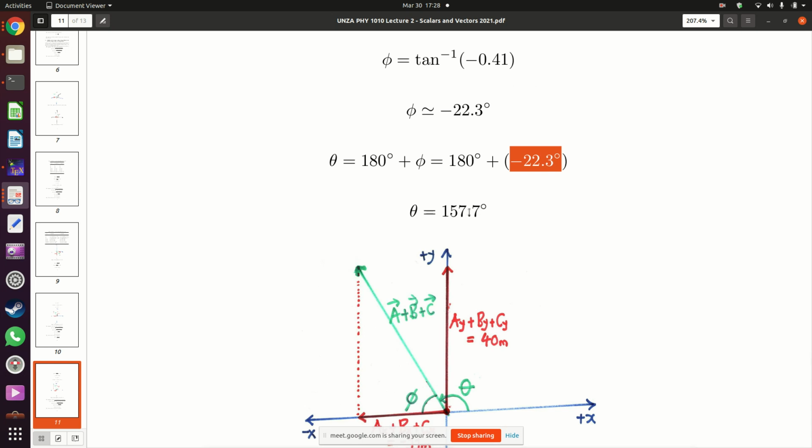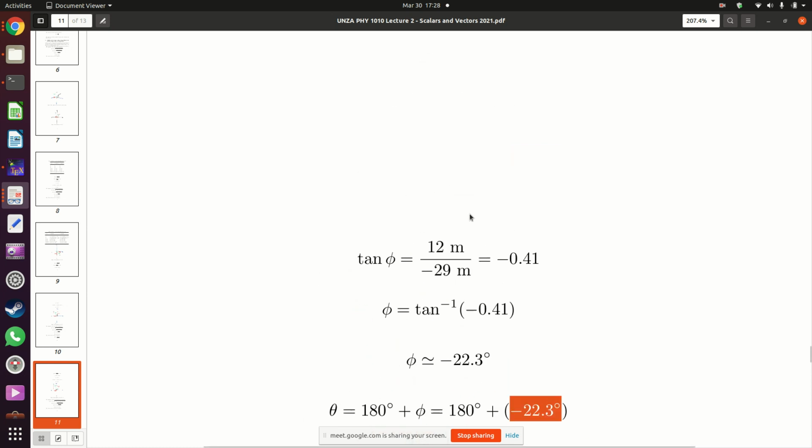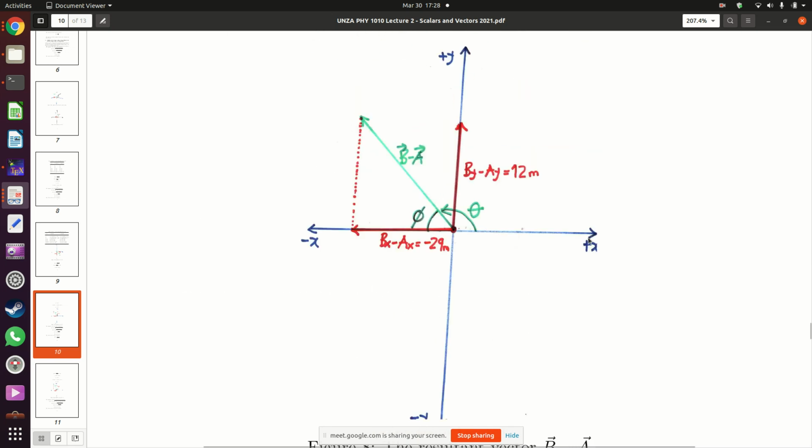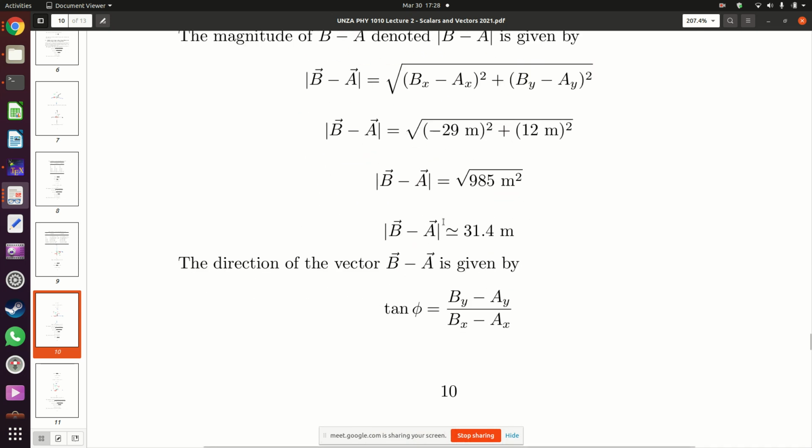So B minus A has a size of 31.4 meters, and it makes an angle theta of 157.7 degrees from the positive x-axis measured in an anti-clockwise direction. So we have a precise size and a precise angle.